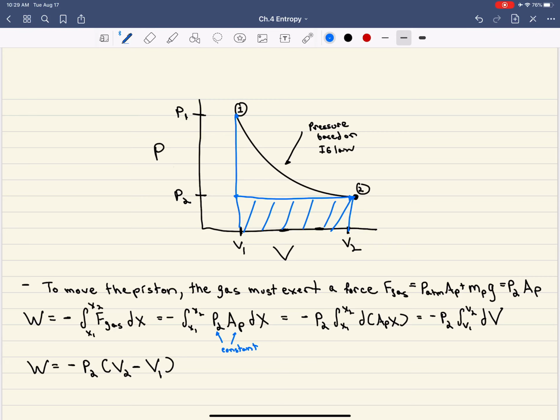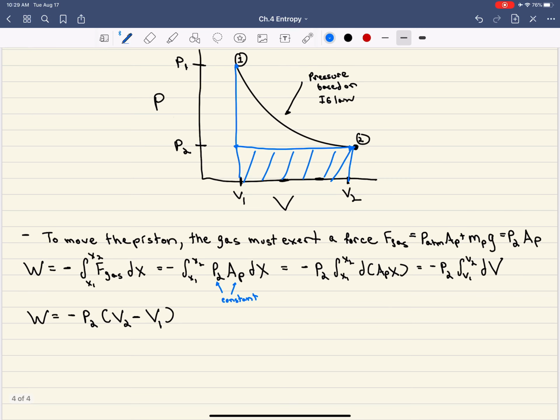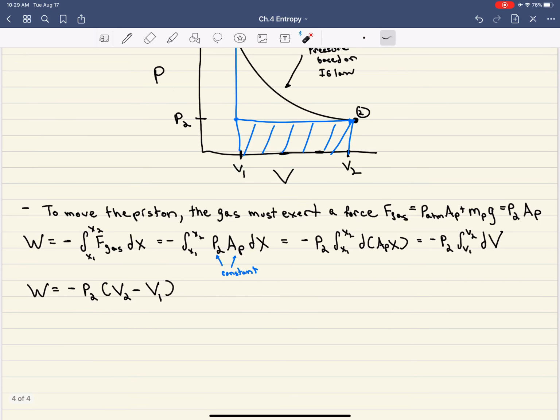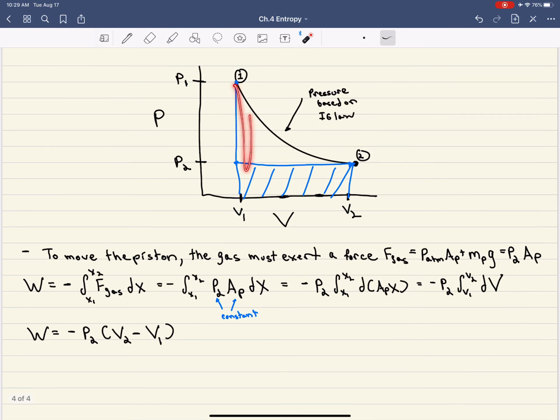The work that the system exerts during that expansion is just equal to this area. It's not equal to the entire area underneath the curve here. So we can see already that the work we get from this rapid expansion is less than the work we got when we had that quasi-static isothermal expansion. So that's one thing I wanted to highlight.